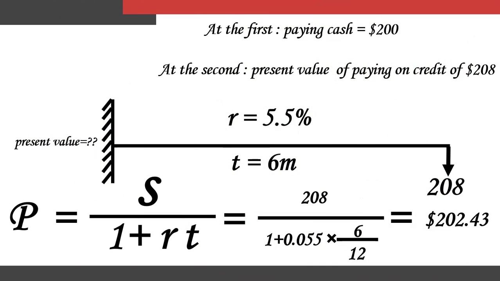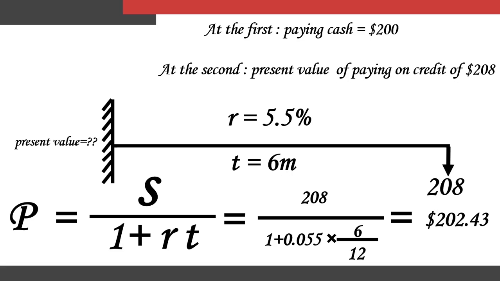We compare two ways, paying cash or paying on credit. At the first, paying cash, $200 now, and at the second, the present value of paying on credit of $208.